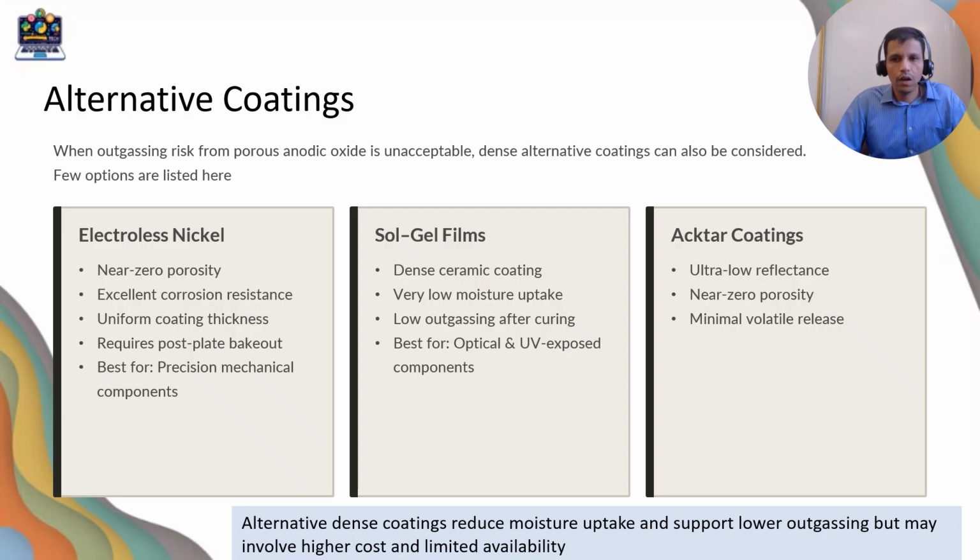And there is Actar black coating, which has very low reflectivity. If power components need to be installed on that laser and this coating is used, there is no porosity risk and minimal water release, even at high temperature. Sol-gel and Actar have very limited availability, and they are mostly used for aerospace applications.